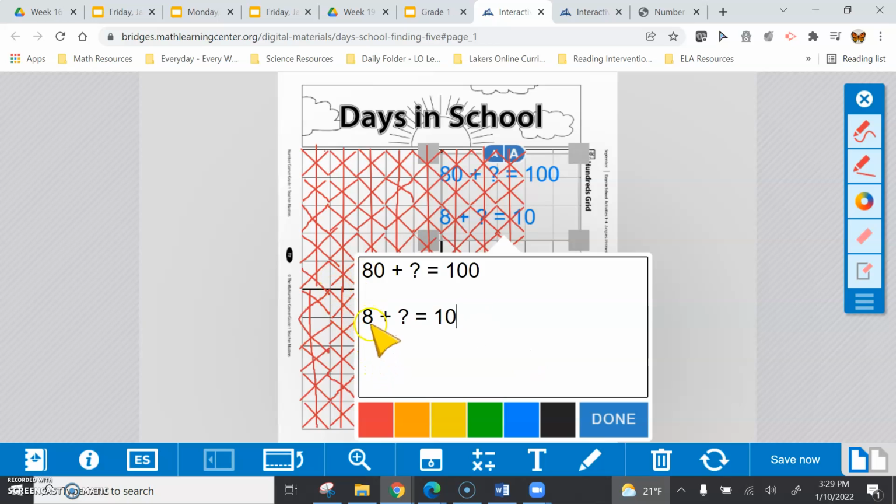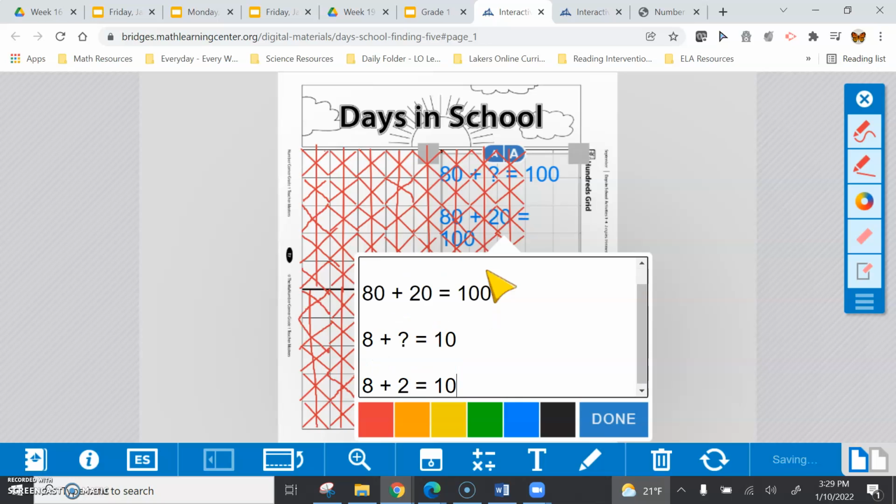So what is this? 8 plus what? How many would we need, class? Tell me. Did you say 2? Yes! Very good. 8 plus 2 would equal 10. So that also means that 80 plus 20 equals 100. That's what we would put if we were completing this as a math equation.